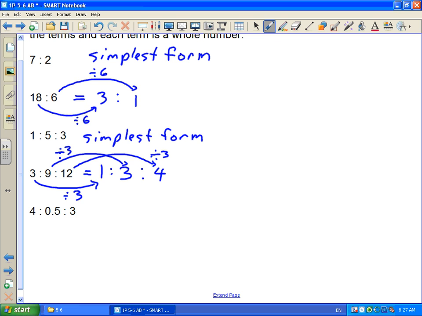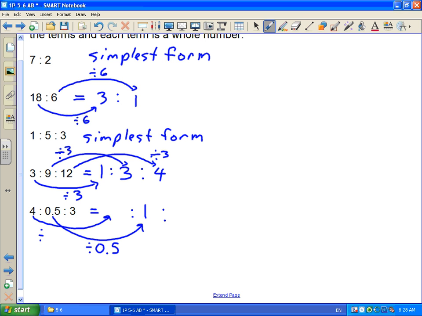Now, here we've got a ratio where we have a decimal in it. The easiest way to get rid of that decimal is to divide it by itself. So we're going to come up with an equivalent ratio here, 3 terms, and I know to get rid of this 0.5, I'm going to divide it by 0.5. Because 0.5 divided by 0.5, any number divided by itself, is just 1. So now I'm going to do the same thing to my other two terms.